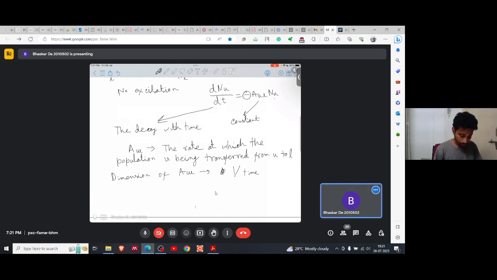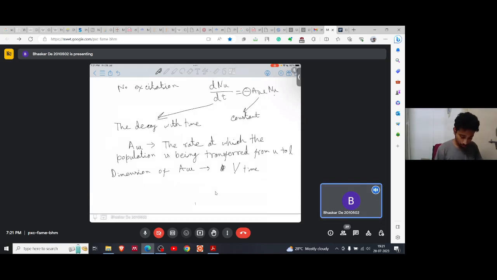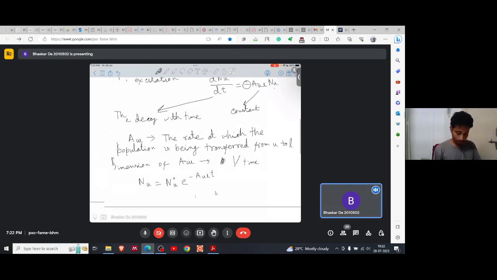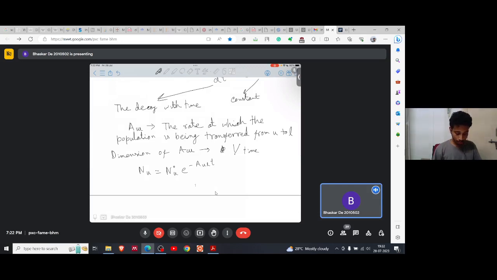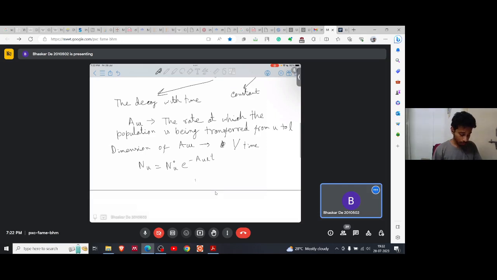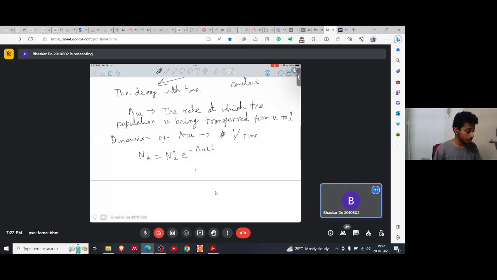If we solve this differential equation, we will have Nu equals Nu naught e to the power minus Aul t. So this is the solution for the population density of the upper level.